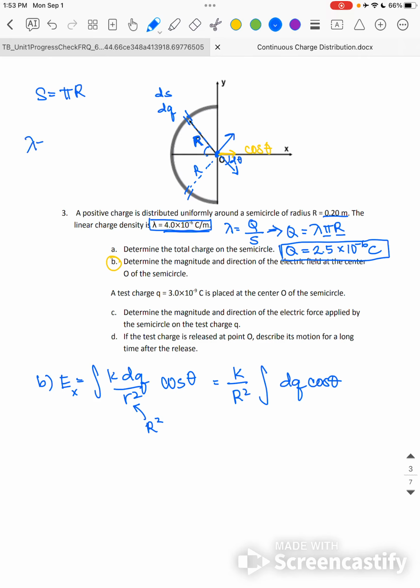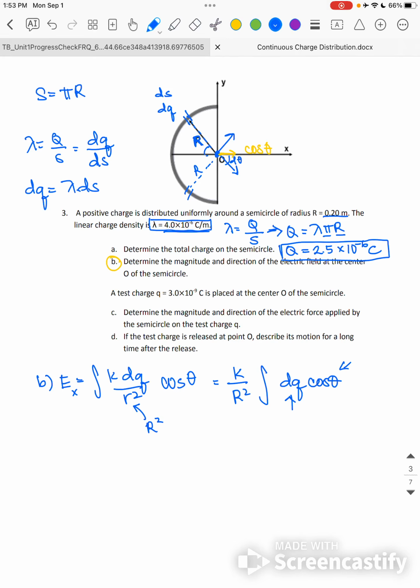I've got density is equal to Q over S, which is also equal to dQ over dS. And so that leaves me with dq is equal to lambda dS. Well, that's also a problem because if I substitute that expression in here, I've now just replaced my dq with a new changing variable, which is my arc length. And I also know that theta is changing.